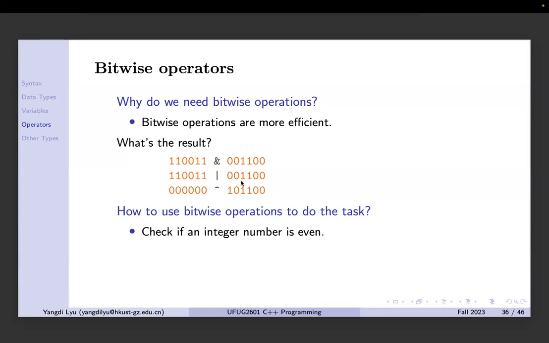Any other way using bitwise operation? You can check the last bit of a number, right? If the last bit is 0, it's an even number. If the last bit of your number is 1, it's an odd number. So how can you check if the last bit is 0 or 1?